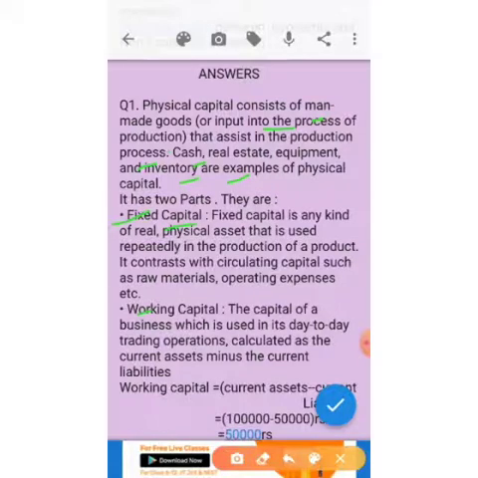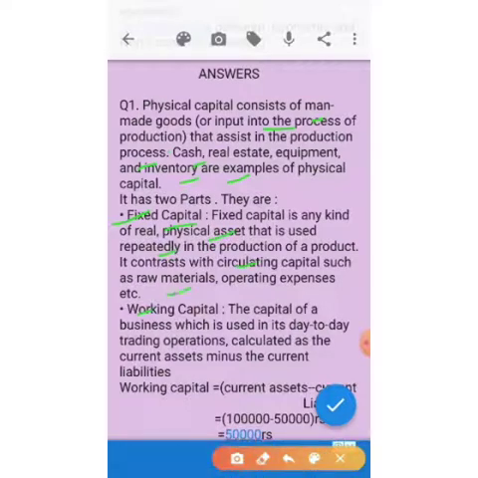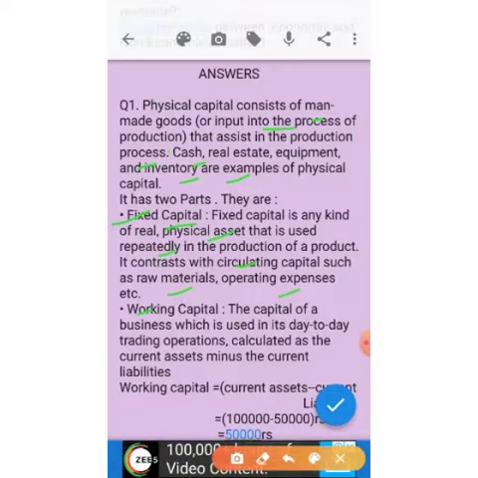Fixed capital is any kind of real physical asset that is used repeatedly in the production of products, in contrast with circulating capital such as raw materials, operating expenses, etc. Second is working capital. Working capital, the capital of a business which is used in its day-to-day trading operations, is calculated as current assets minus current liabilities.